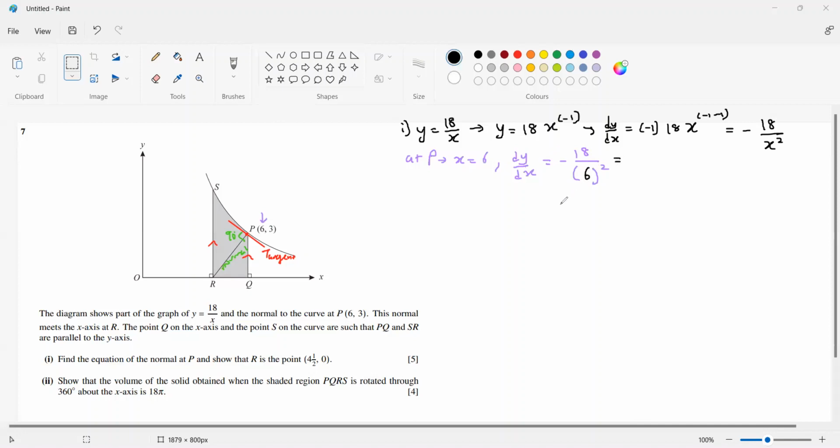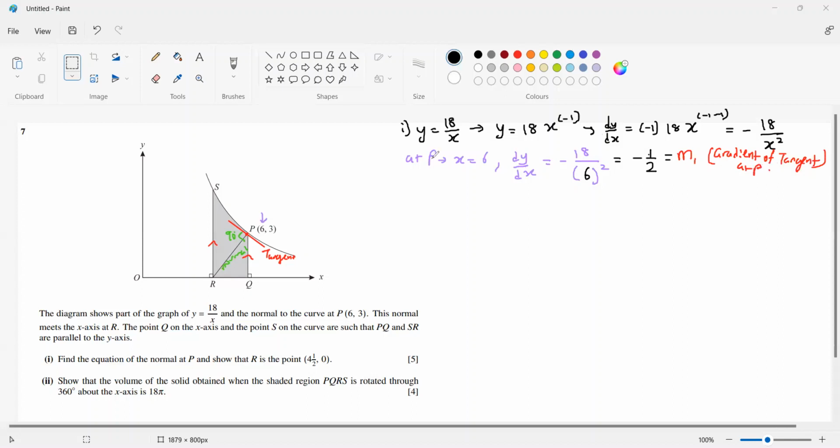Then we can easily see that this reduces to -1 over 2, isn't it? This is -1 over 2. What is this? This is the gradient of the tangent. Let's call it M1. This is the gradient of the tangent line at P.